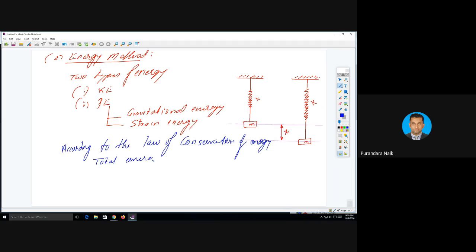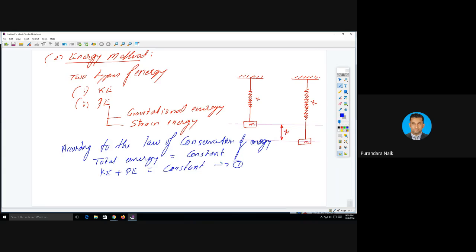Total energy means potential energy plus kinetic energy is equal to constant. That is equation number 1.